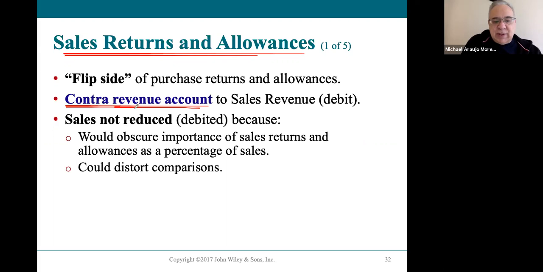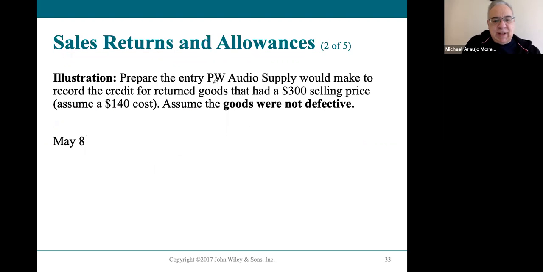The sales revenue is not reduced because you still sold it. You are keeping track of how much of that has been returned in sales returns. So in this case, PW Audio got that box with $300 worth of returned goods, right? I think it was a circuit that was returned. It was a $140 cost to PW Audio.